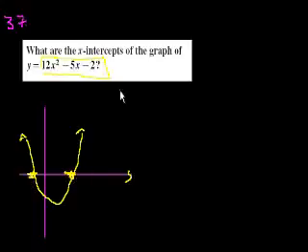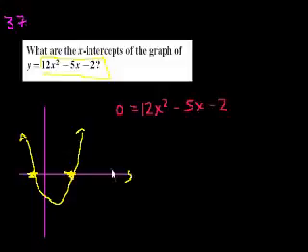So you set y equal to 0, and you get 0 is equal to 12x squared minus 5x minus 2. And whenever I have a coefficient larger than 1 in front of the x squared term, I find that very hard to just eyeball and factor. So I use the quadratic equation. So negative b, b is minus 5, so negative b is plus 5, right?